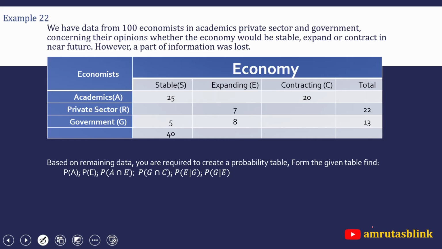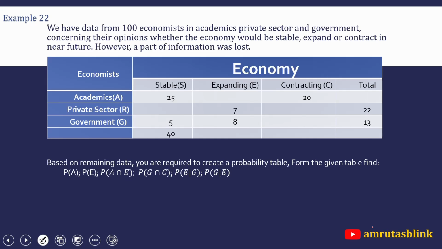For contracting 20 academicians, and totals are given for private sector, 22, and for government, 13. Based on the remaining data, you are required to create a probability table. From the given table, find the probability of A, probability of E, probability of A intersection E, probability of G intersection C, probability of E given G and probability of G given E.